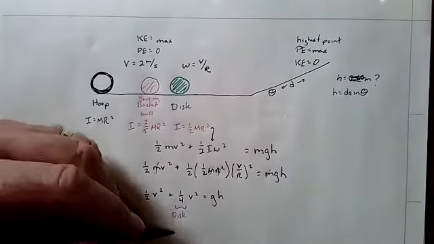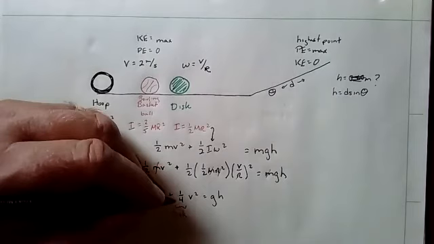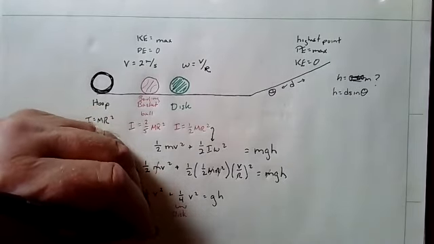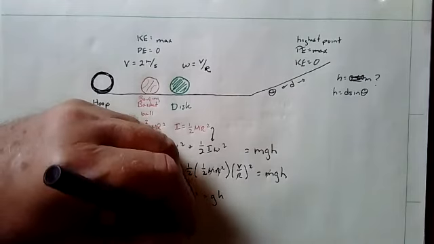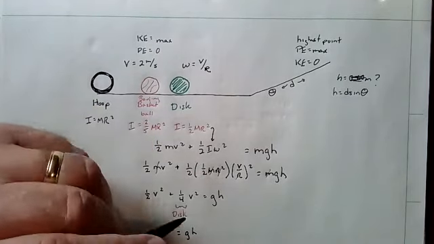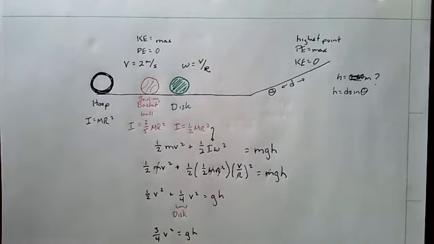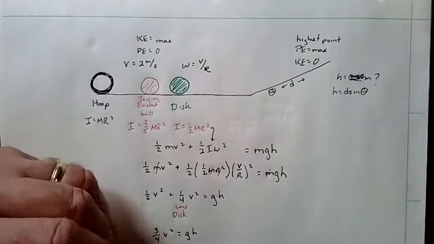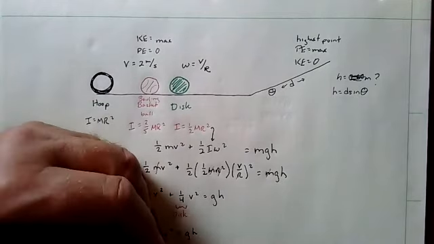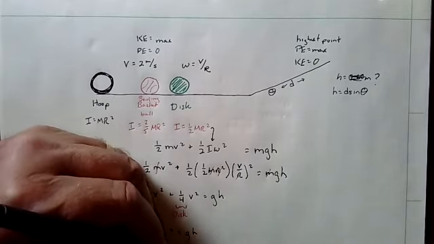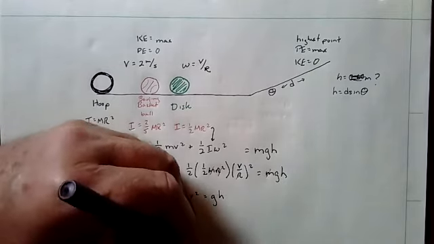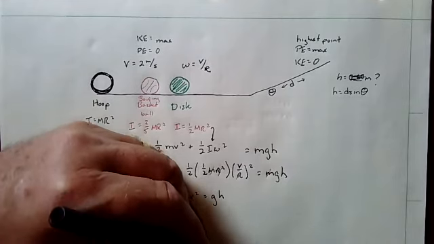So let's finish this off and take a look at some numbers. 1/2 plus 1/4 is 3/4 V squared equals g times h. And then we're going to solve for this and see what we get. So 3/4 of 2 squared equals 9.8 h.